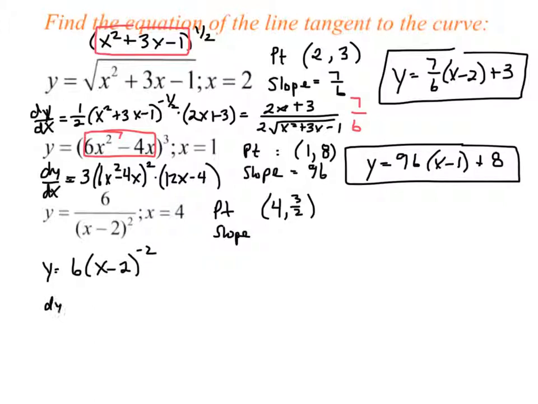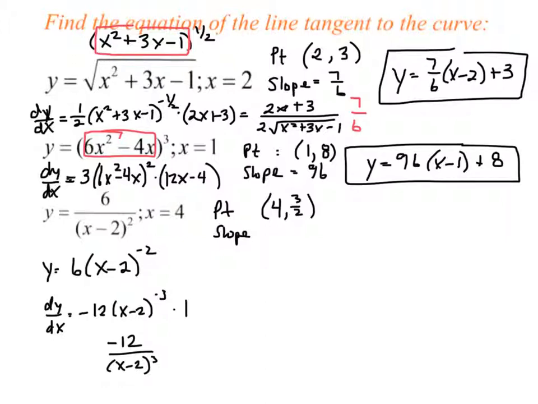So my derivative is going to be negative 12 times x minus 2 to the negative third times the derivative of the inside, which is just 1. So I have negative 12 over x minus 2 cubed.